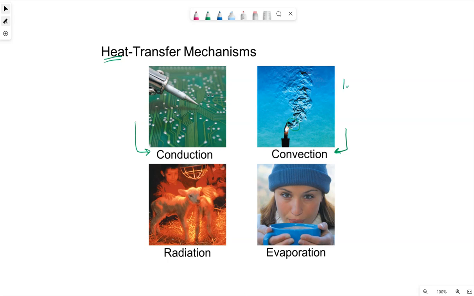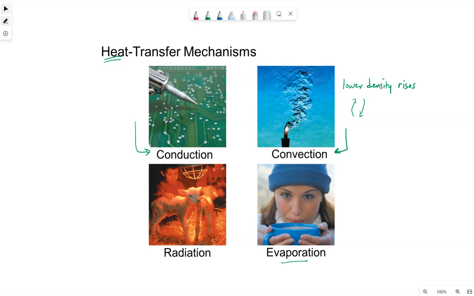So the lower density materials, because they're hotter, their density gets smaller, the lower density material rises, and the cooler material that has a higher density will sink. And so we get this lower density going up, higher density going down, and this overall bigger macroscopic motion of the material moving that energy around.